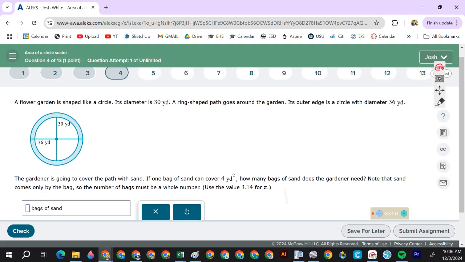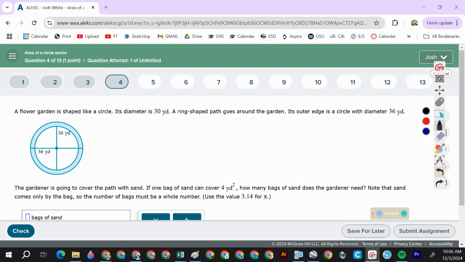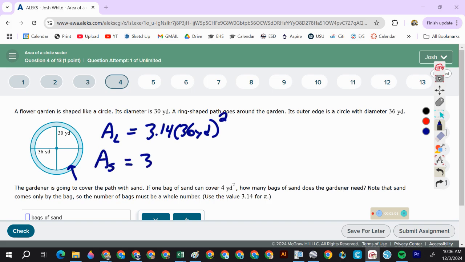Okay, same idea here, except not only do I want to find the area of this, but I need to fill it in with sand. So the area of the large is going to be 3.14 times 36 yards squared, and the area of the small is 3.14 times 30 yards squared.